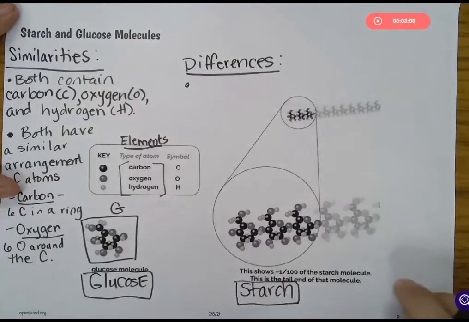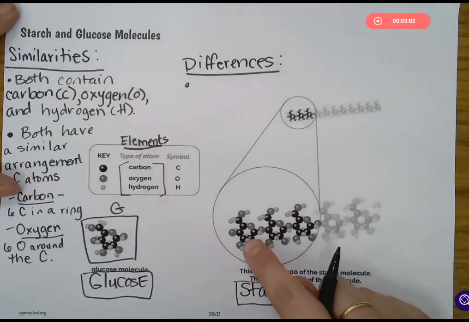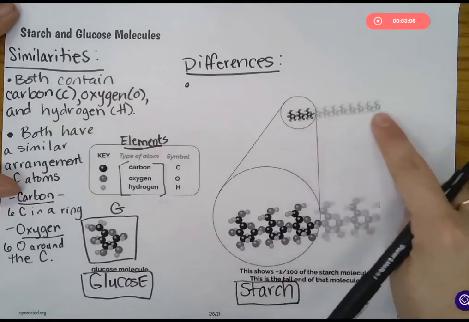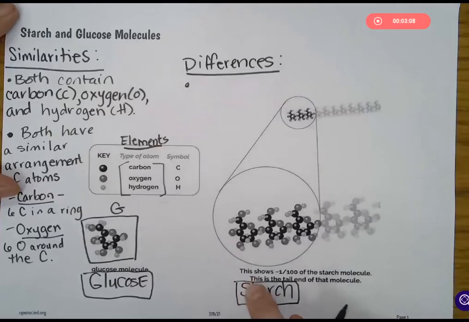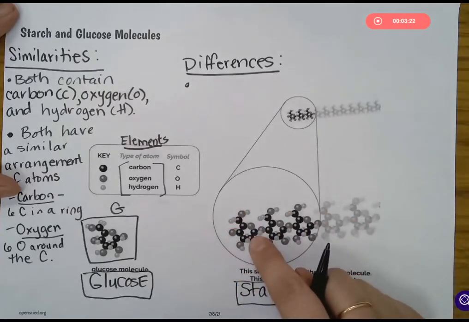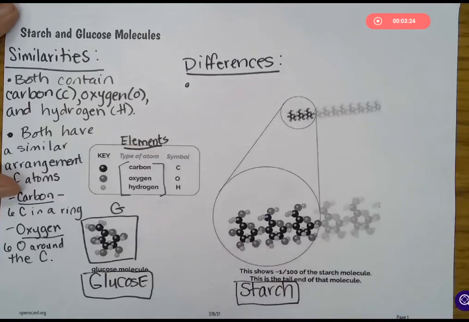Cool. Starch, you can see it goes on and on and on and on. In fact, it says this shows approximately, or about, that's the little about symbol, 1/100th of a starch molecule. This is the tail end. So this times 100 is a full starch molecule.